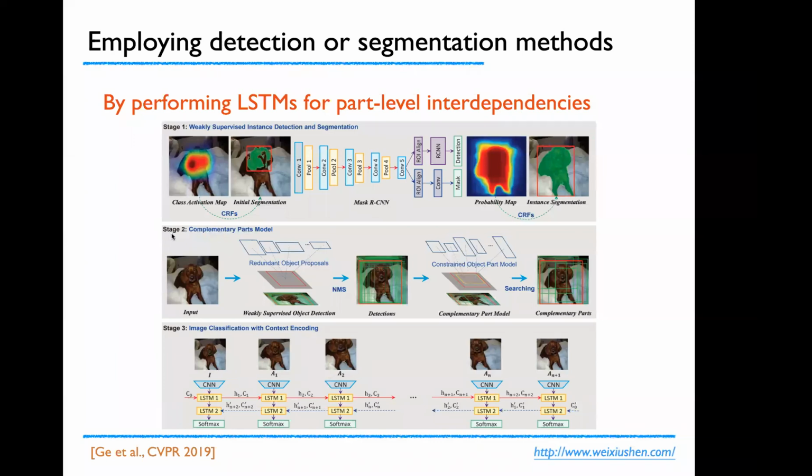In the second stage, they generate some object and also part level proposals. And in the third one, it employs LSTM on the obtained parts for context encoding, so the interdependencies of part level features can be obtained.